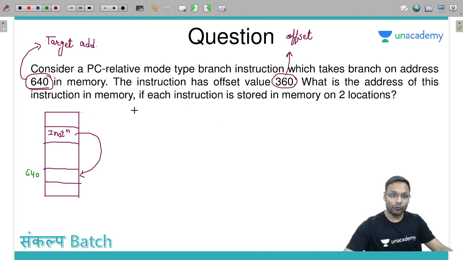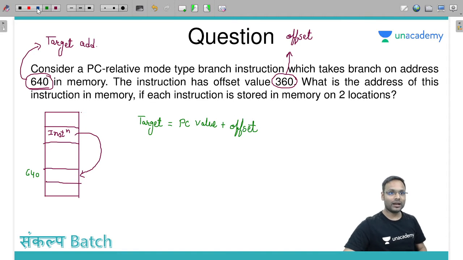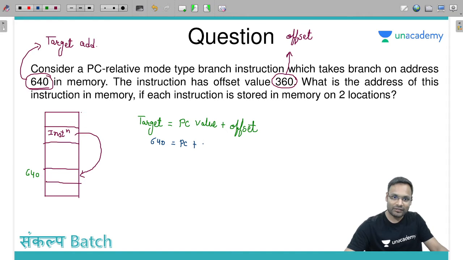Fine. Now we know, how do we get the target or effective address in PC relative mode? Answer is PC value plus offset value. That is the simple formula. Target is given, yes, 640 equals PC value plus offset, which is given as 360.